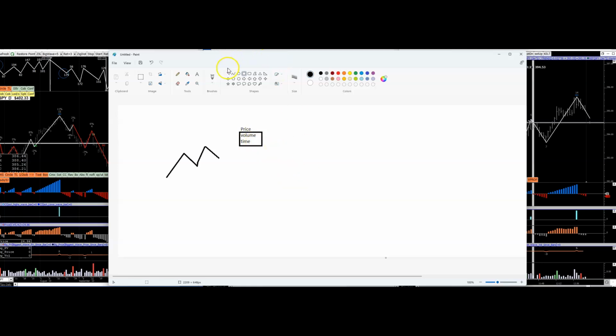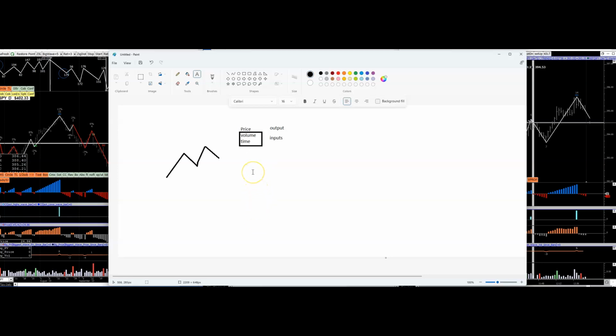These two are inputs. Price is the output. So that's how I'm going to explain it. Time and volume are input, and the output or the result of this input is price.